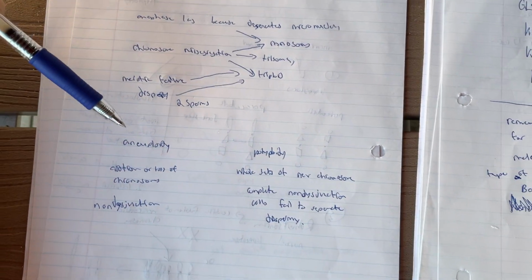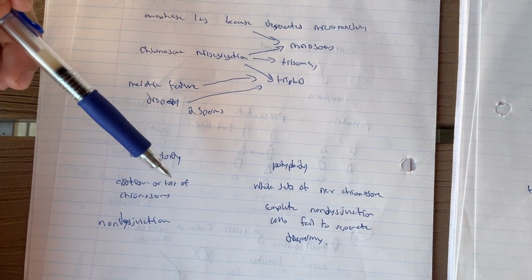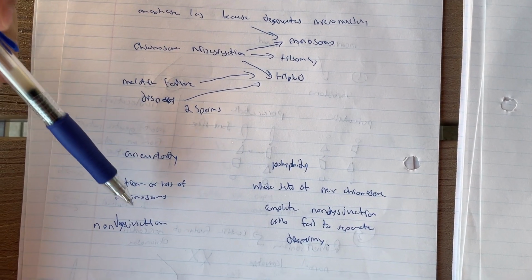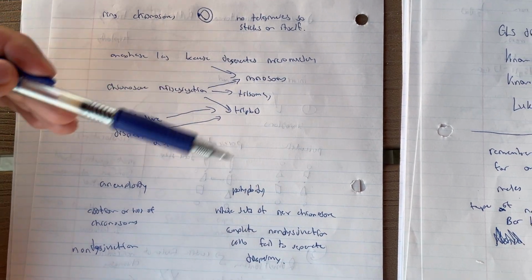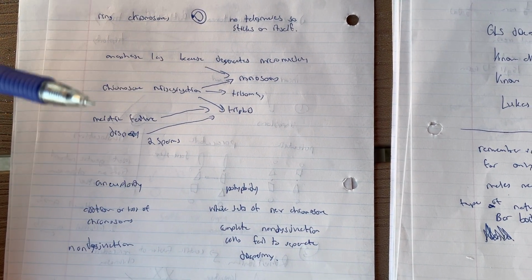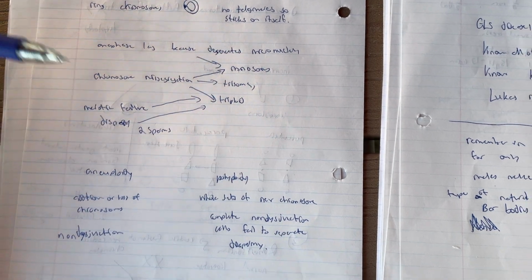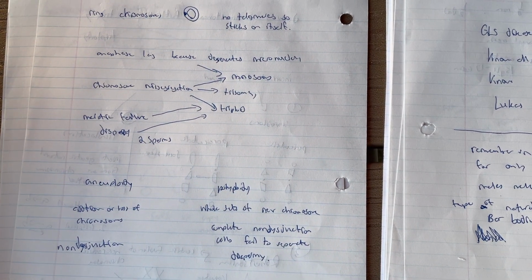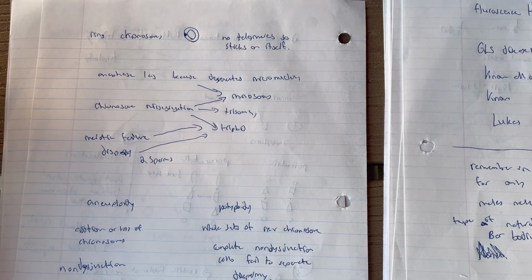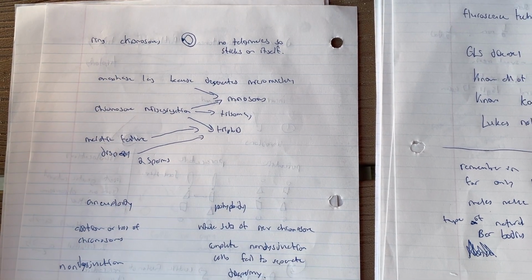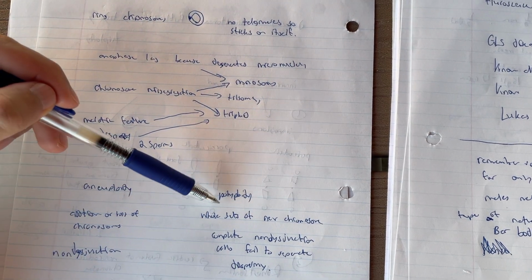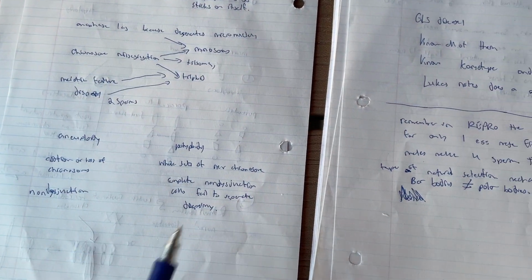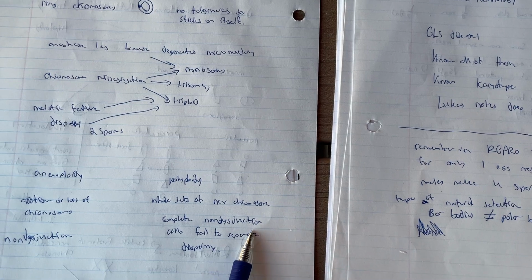So for aneuploidy, essentially this is addition or loss of some chromosomes. This is usually from non-disjunction. Versus polyploidy is a whole new set of chromosomes being added. So polyploidy is really just aneuploidy adding onto 1 to 23 of our karyogram. Essentially, polyploidy usually happens from complete non-disjunction.